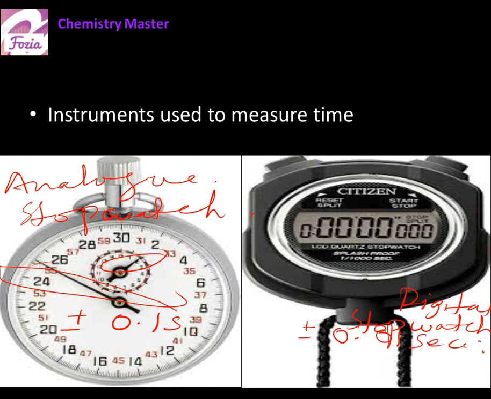So it can measure time to the 100th part of a second. It is very exciting these days. Many brands are making their watches using digital systems. This is how scientists always use the instrument which gives the accurate result.